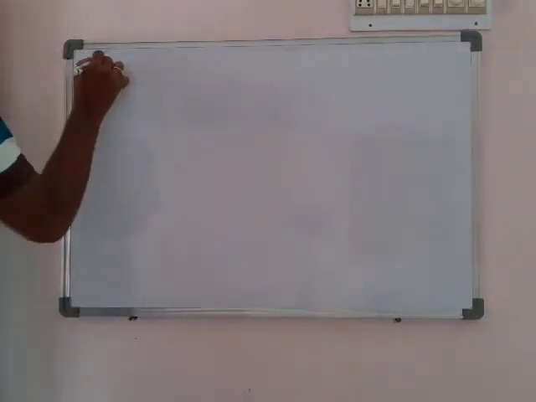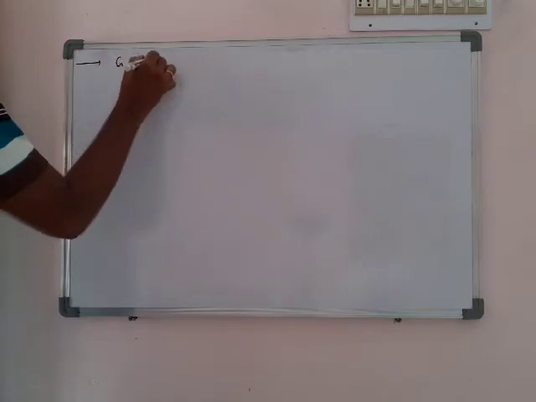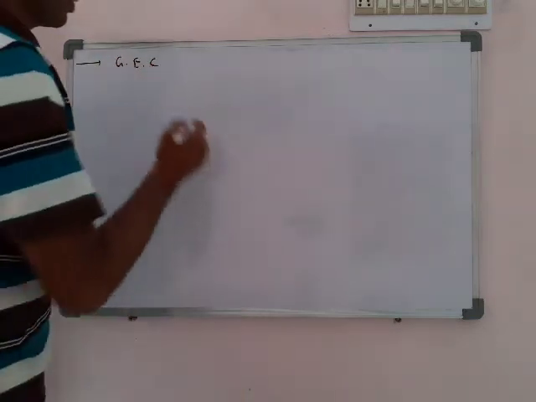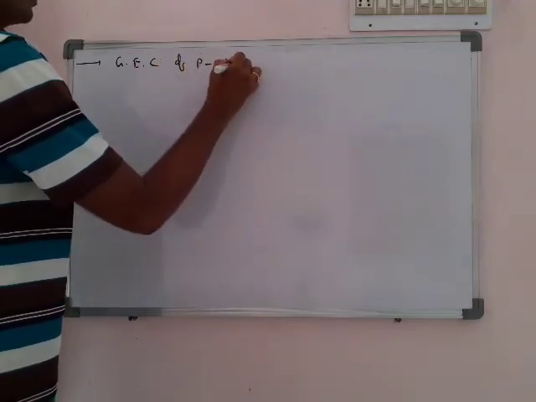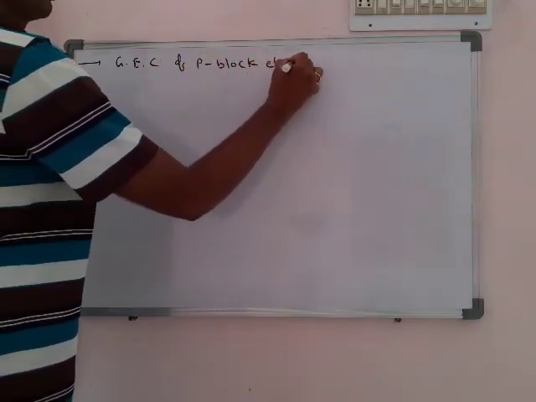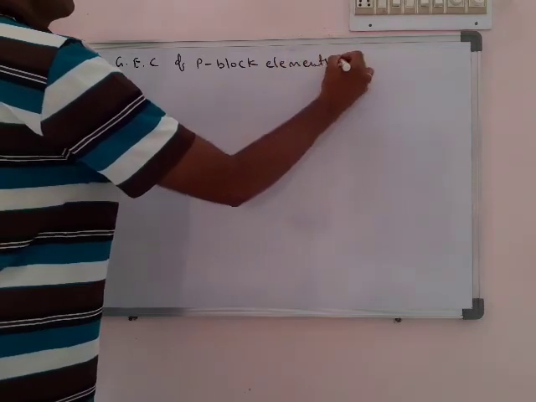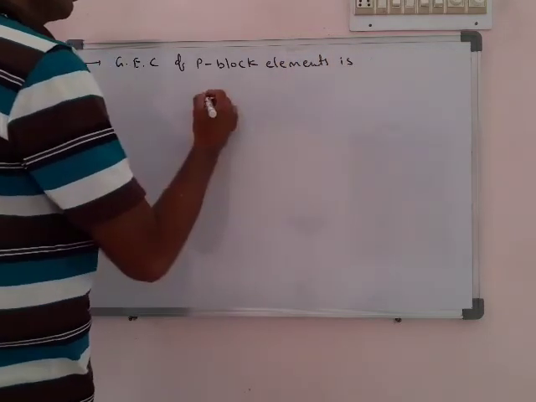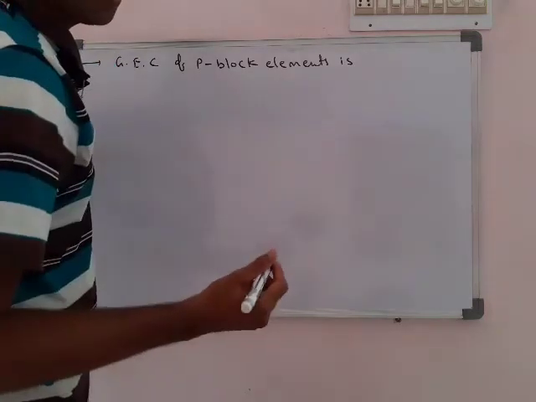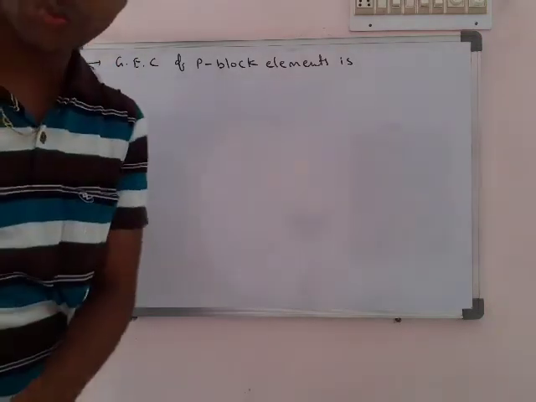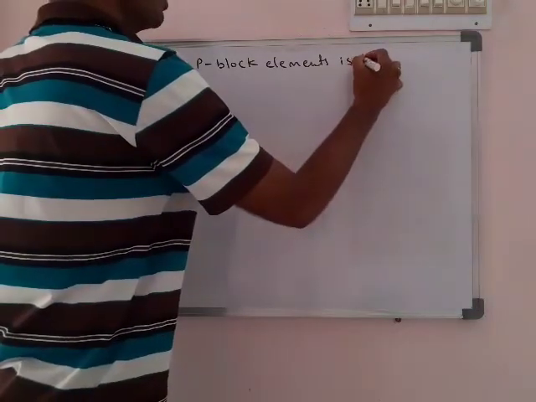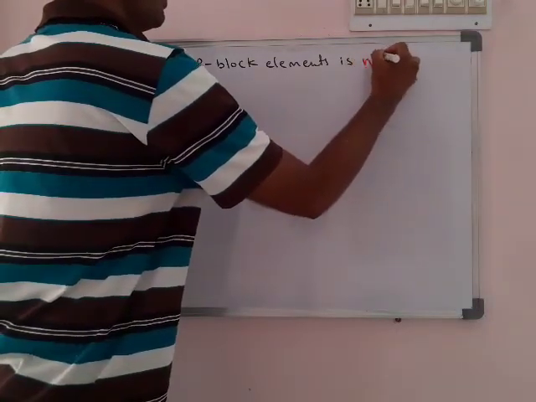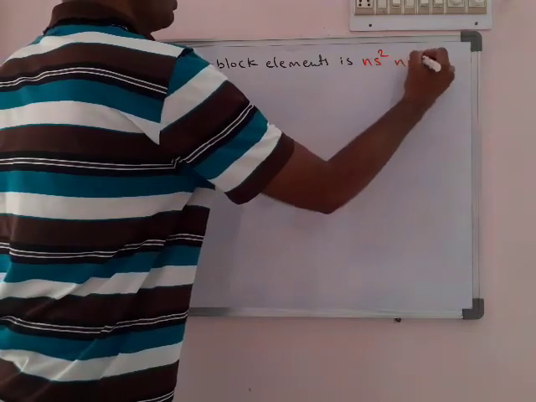So we can write what is the general configuration of p block elements. So ఇప్పుడు అన్నిటికీ కంబైన్డ్గా రాస్తున్నాం. ఓకే, సో జనరల్ ఎలక్ట్రానిక్ కాన్ఫిగరేషన్ ఆఫ్ p block elements ఈస్, సో మనకి స్టార్టింగ్ ఏమున్నాయి NS2 NP1. సో 13th గ్రూప్ దగ్గర స్టార్ట్ అయింది మనకి. ఓకే, 13th గ్రూప్ అంటే NS2 NP1.